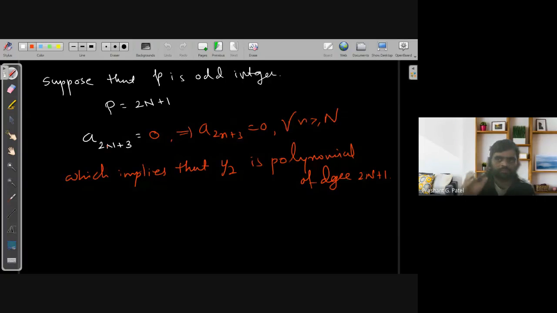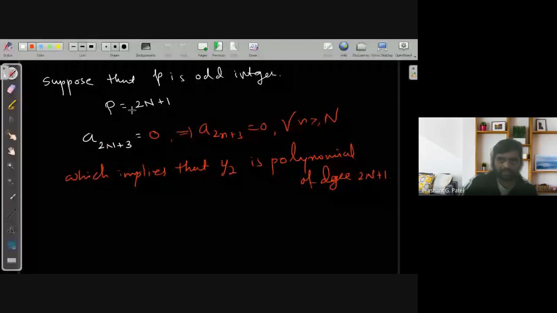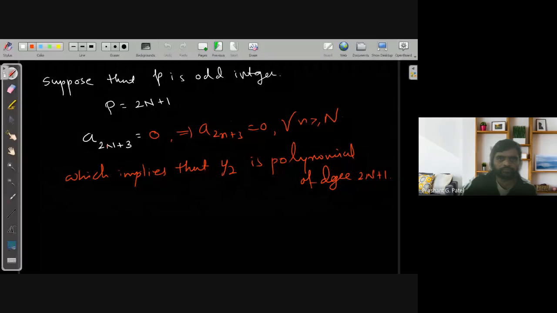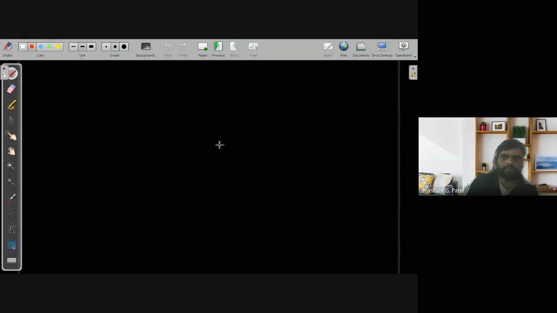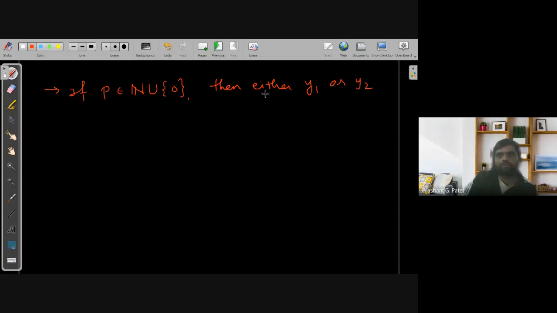So ultimately the statement I can write is, if p belongs to N, that is the set of all natural numbers union 0, then either y1 or y2 terminates.